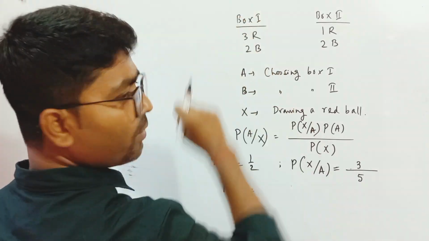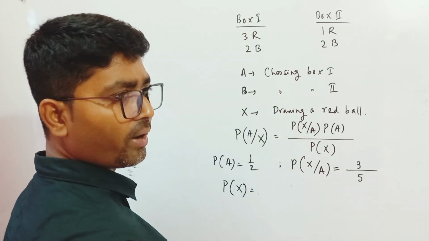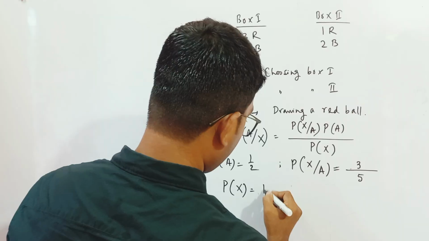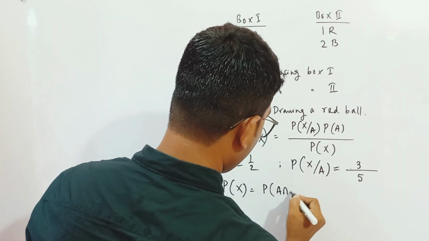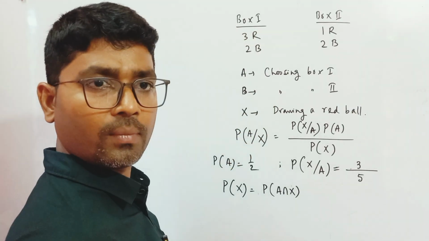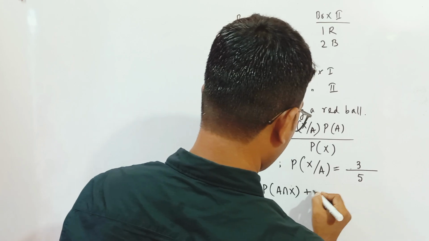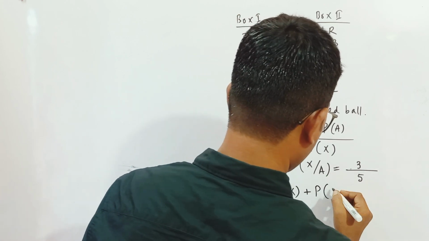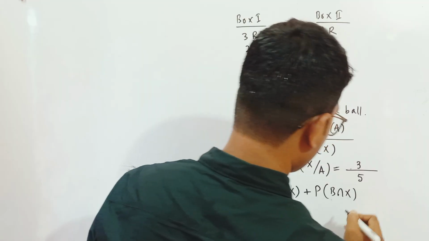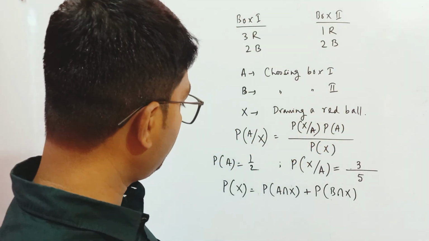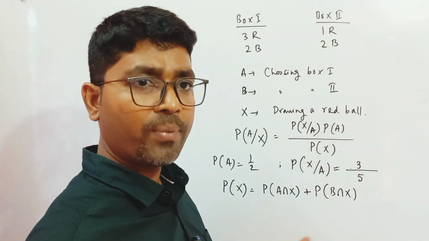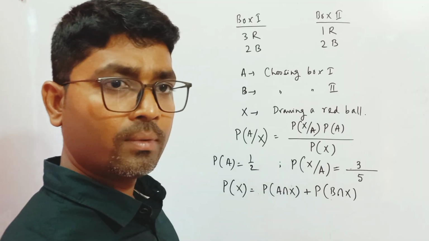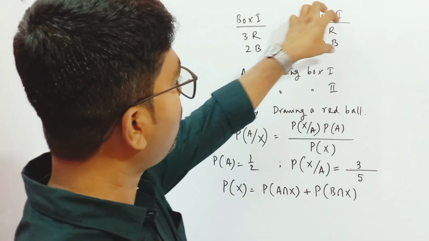If I select box 1 and draw a red ball, that is P(A∩X), plus P(B∩X). That is, this event may happen in two different ways, either from box 1 or from box 2.